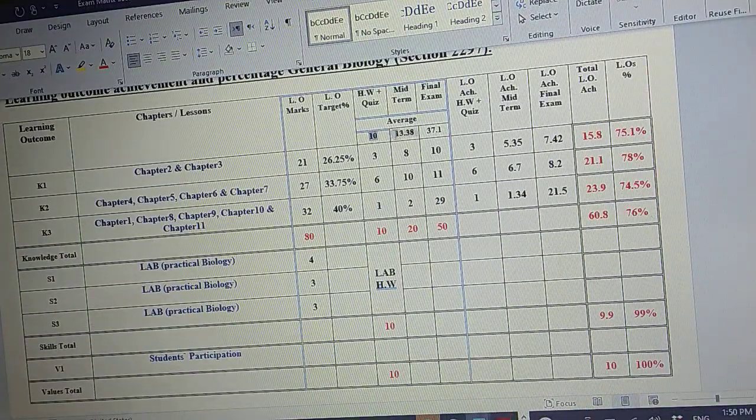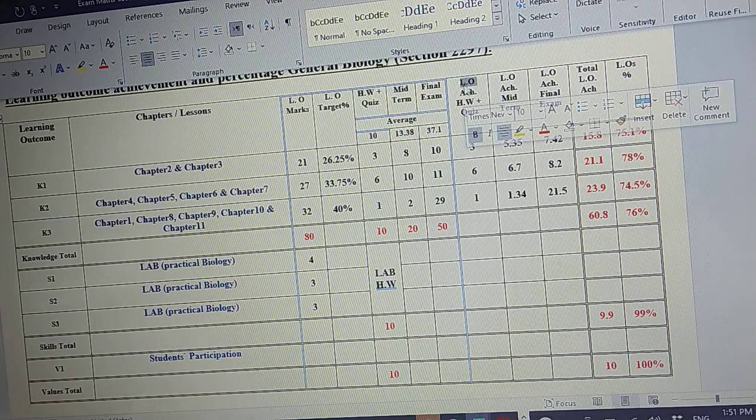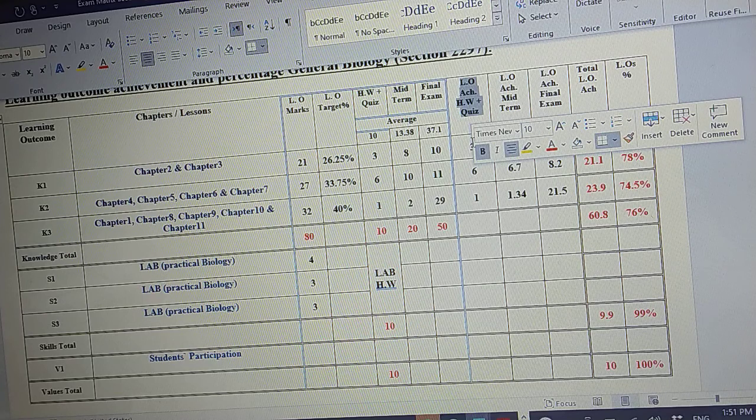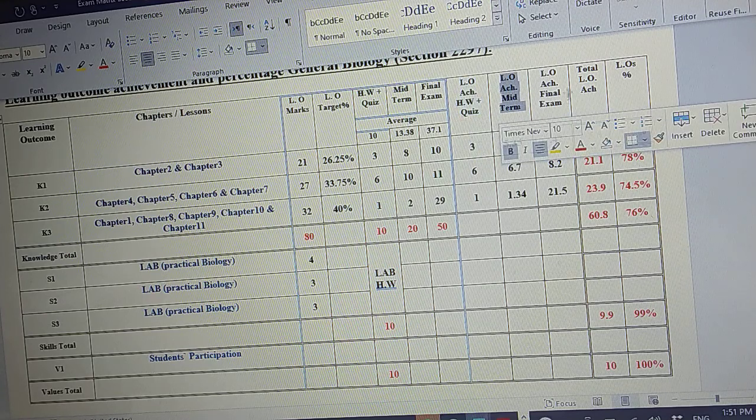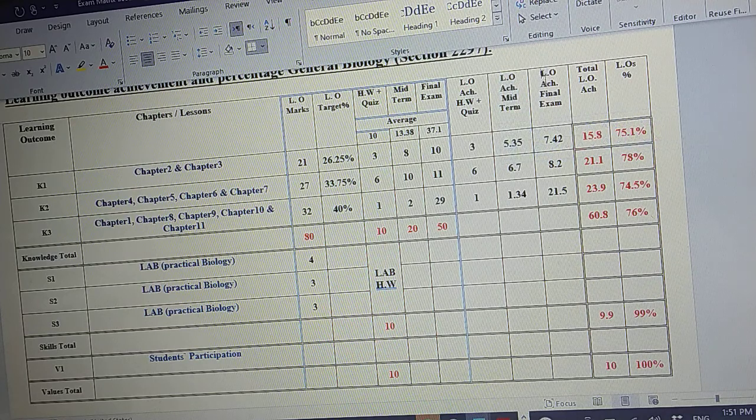So I get here the average for the different assessment methods. I want to know the achievement of learning outcome for homework and quiz, for midterm, and for final exam.